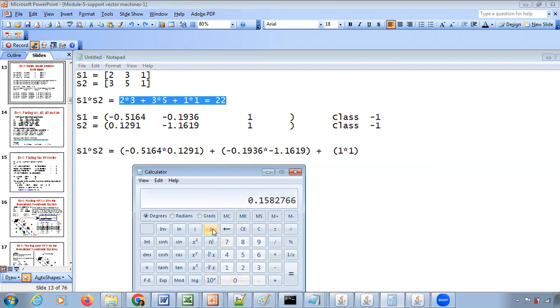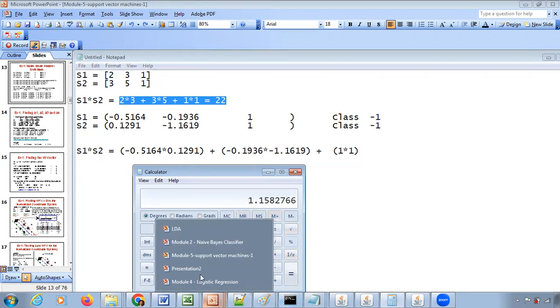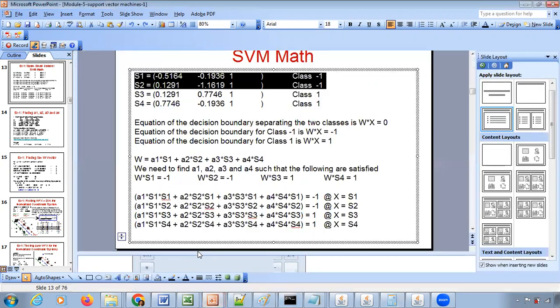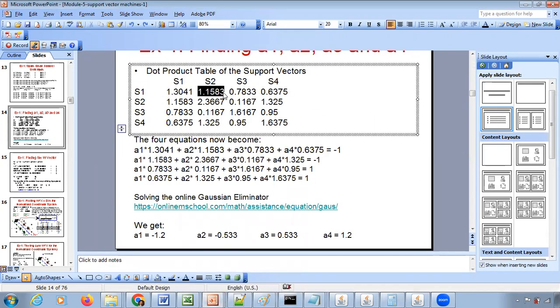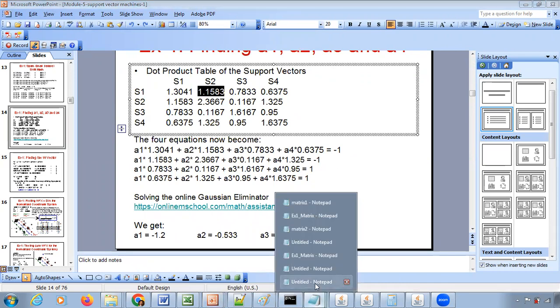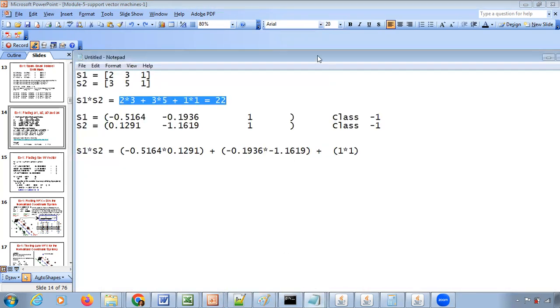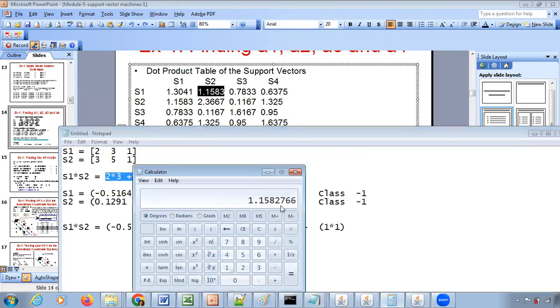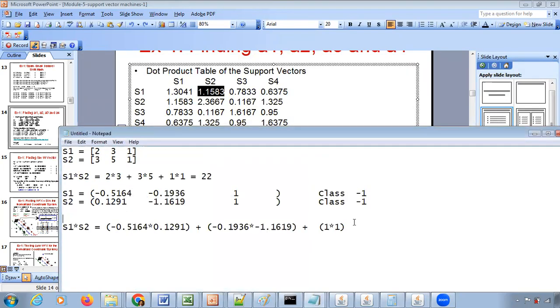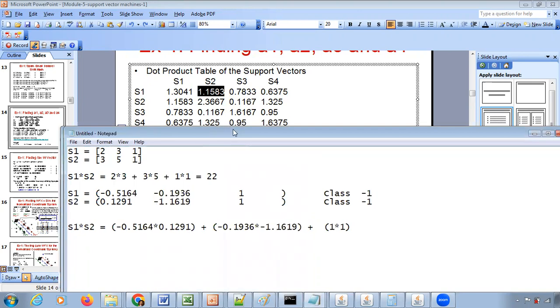So this is what is so far, plus 1 times 1 is this. So S1 times S2 is 1.1583. So you can go 4 decimal precision, that's good enough. So this is 1.1583. That is what S1 times S2 is. We'll do a couple of more dot product examples.